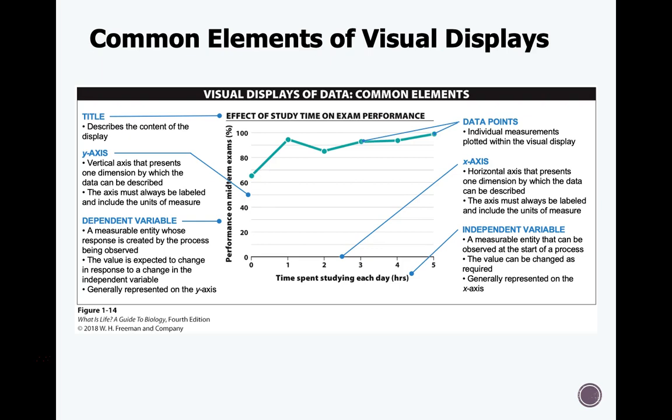This is the dependent variable. It should be numbered in a way that makes sense for the data that you have. It should be numbered the same way going all the way up, so regular increments. And then of course, that is our dependent variable, the response to the treatment that you are given.